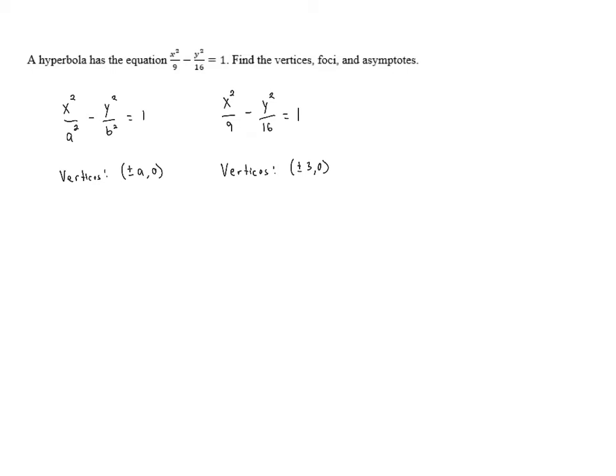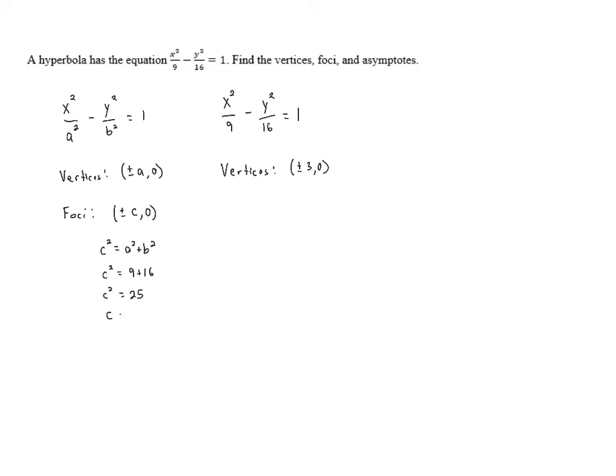Now, the foci, remember, come from plus or minus c, comma, 0, where c squared is equal to a squared plus b squared. So in this problem, we have a squared is 9 and b squared is 16. So in this case, c squared equals 9 plus 16, which is 25.